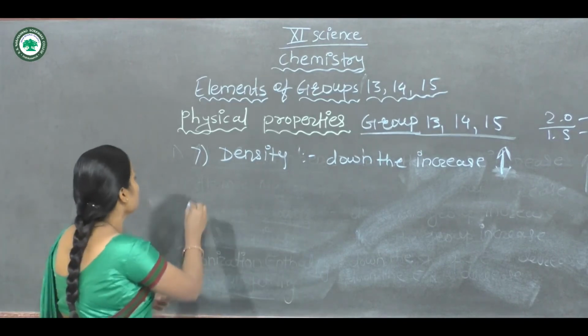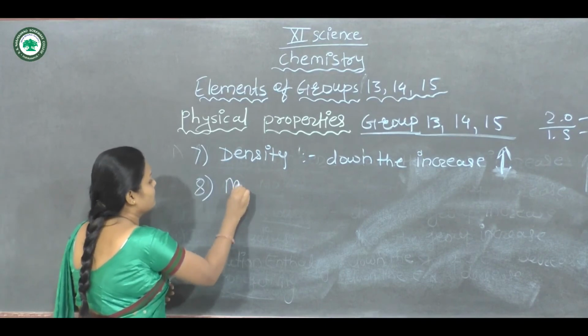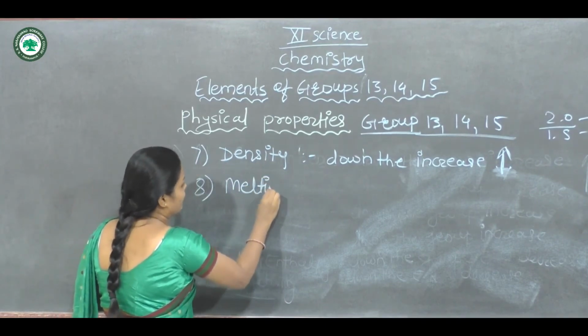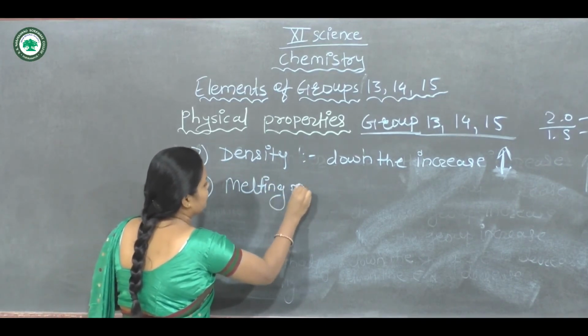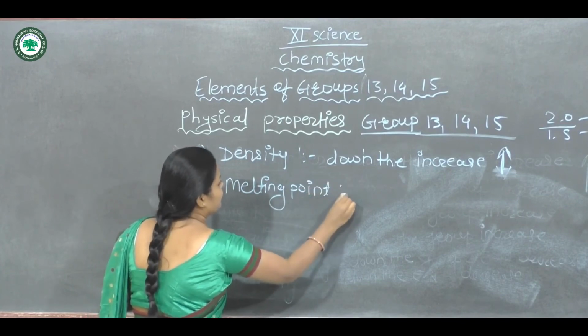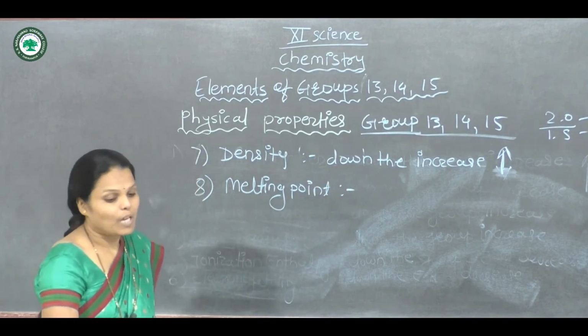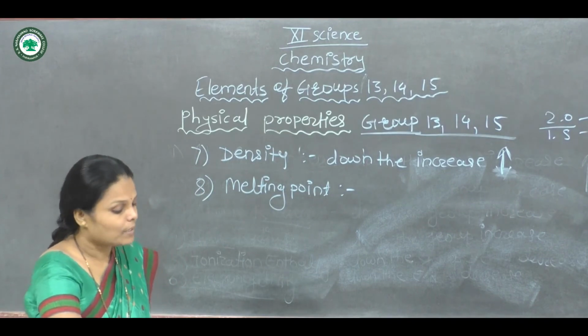The next property is melting point. Down the group, melting point decreases.